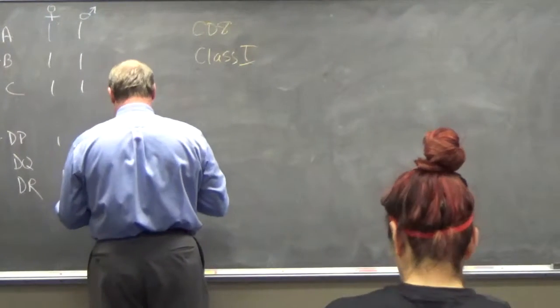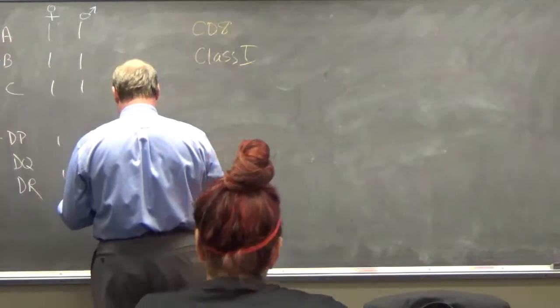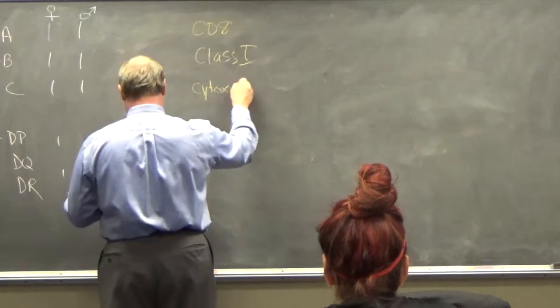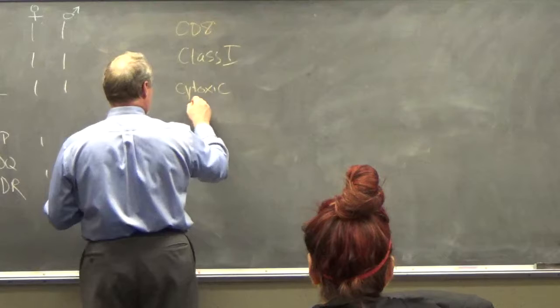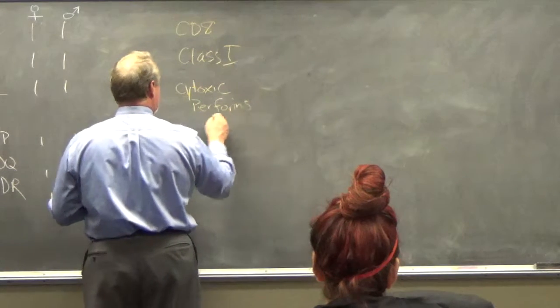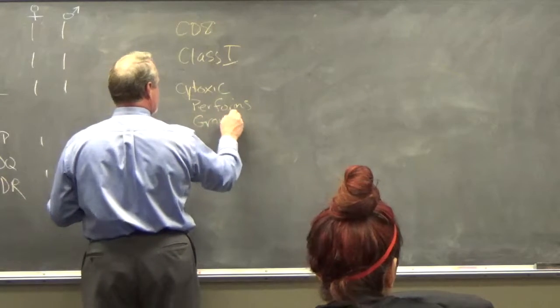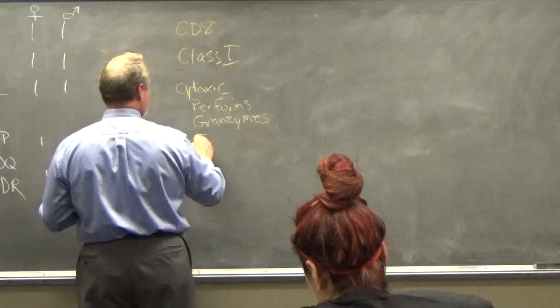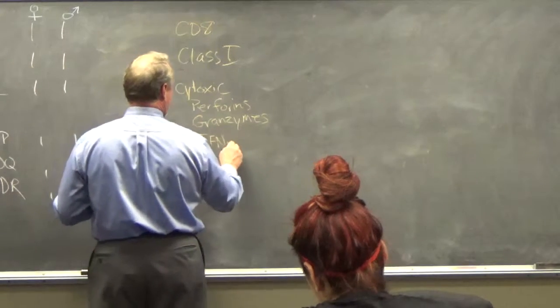And what they're going to end up doing is they're going to be cytotoxic, and they do this through the release of perforins and granzymes, and they're going to kill these cells. They also will produce some interferon gamma.